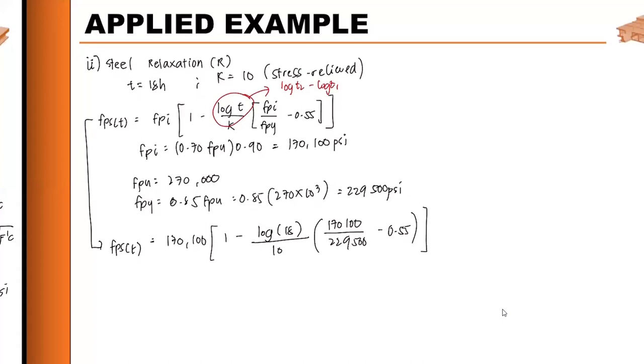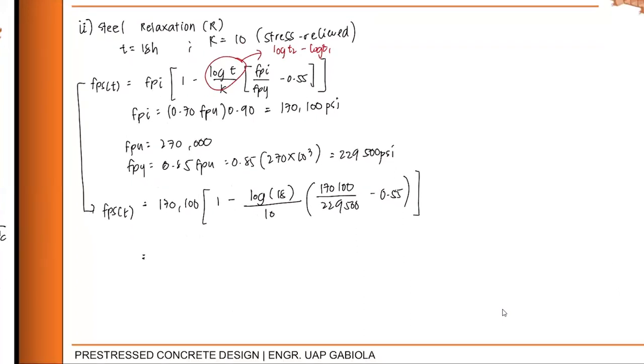So our value is 170,100 times 1 minus log of 18 over 10 times 170,100 all over 229,500 minus 0.55. You have an answer of 166,965 PSI. Okay?